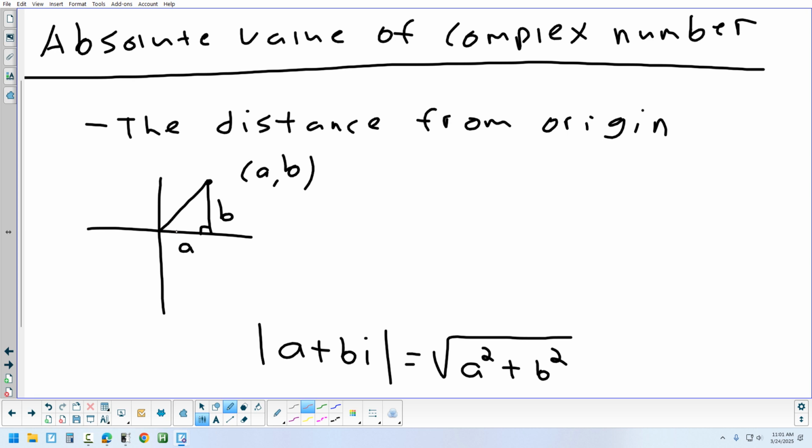The hypotenuse is the absolute value. It's the distance from your point to the origin. It's just a new way to think of an application of Pythagorean theorem, but the formula itself is not anything we haven't done before.